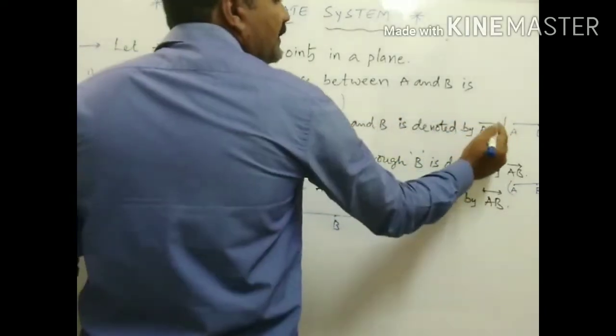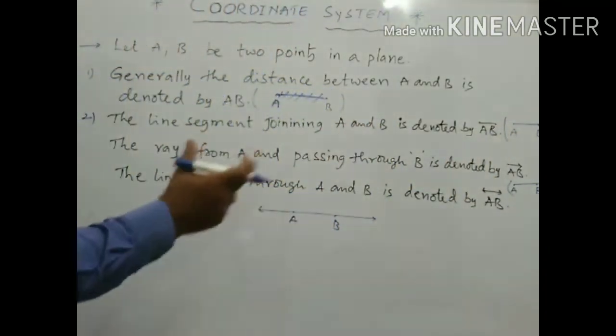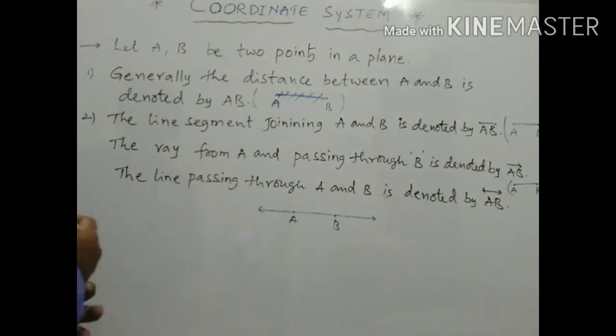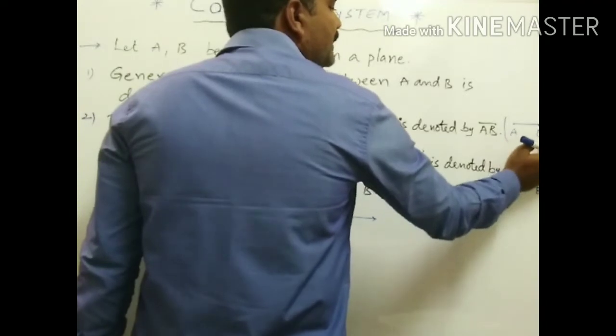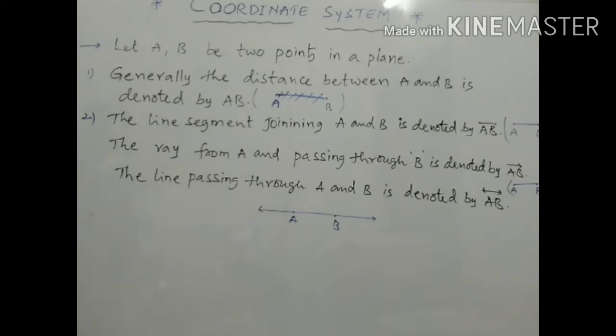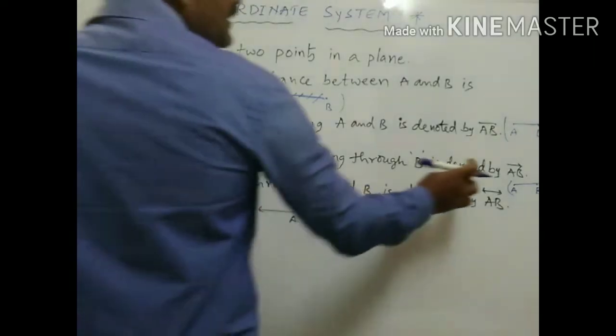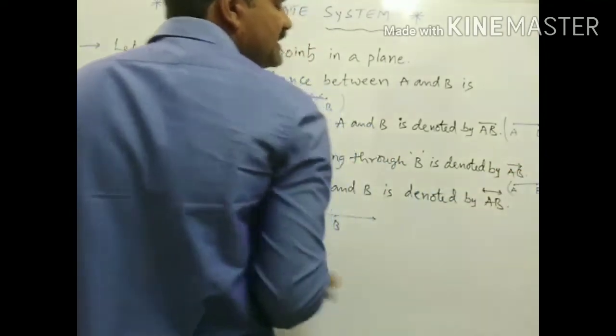The meaning of AB bar is the line segment joining the 2 points A and B. Point number 3, the ray from A passing through B is denoted by AB with an arrow in one direction only, which indicates it is a ray.